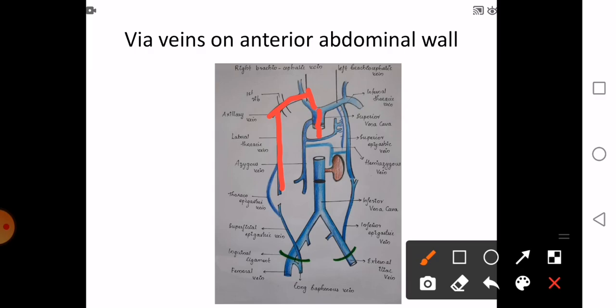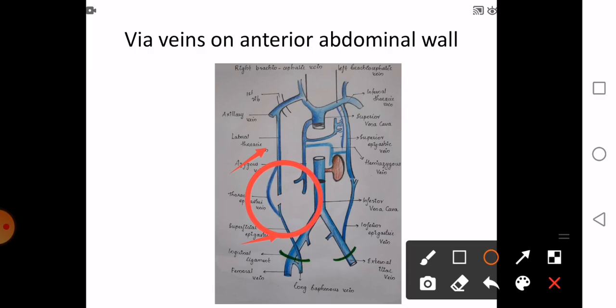Below the umbilicus, we have, as we mentioned earlier, the superficial epigastric, which is a tributary of the saphenous, which drains into the femoral, into the external iliac, into the inferior vena cava and the right atrium. So now we have to establish continuity between the lateral thoracic vein and the superficial epigastric vein.